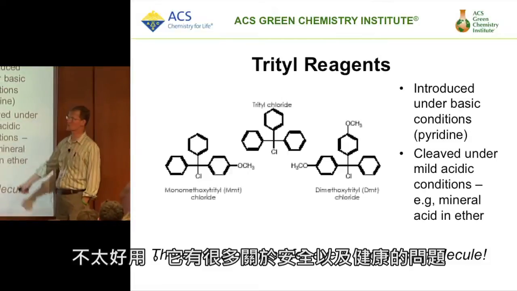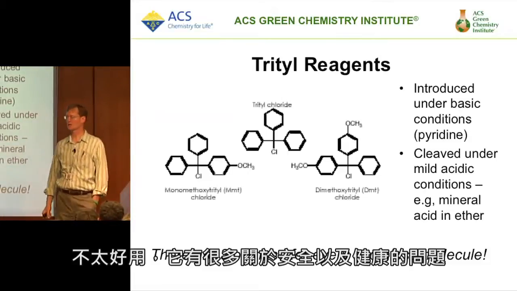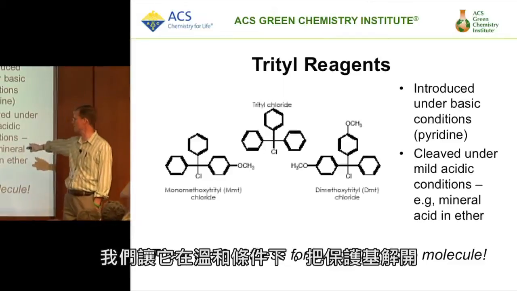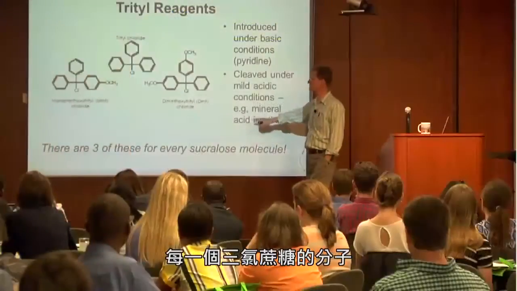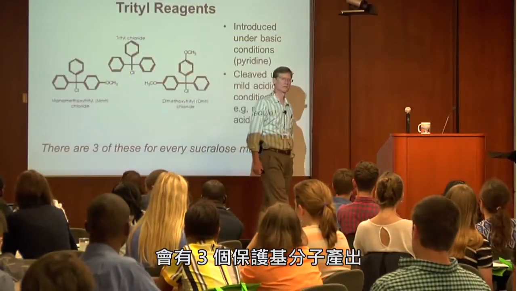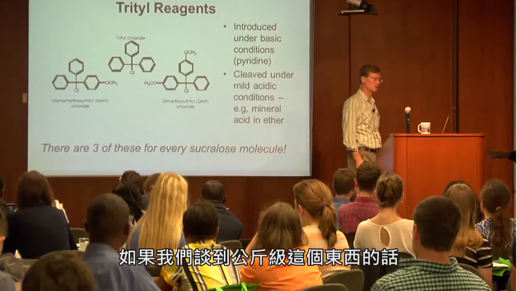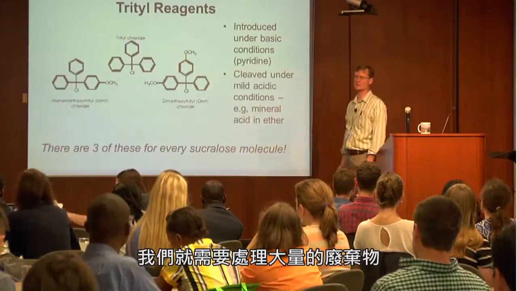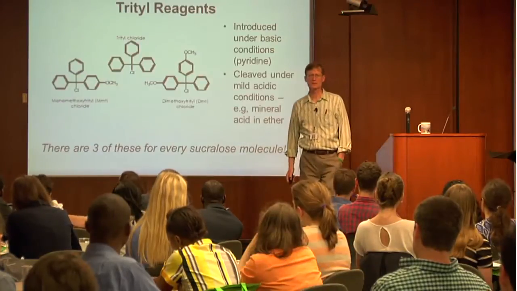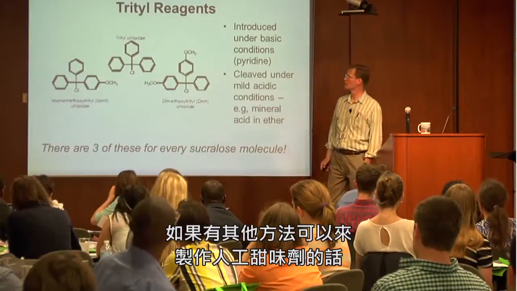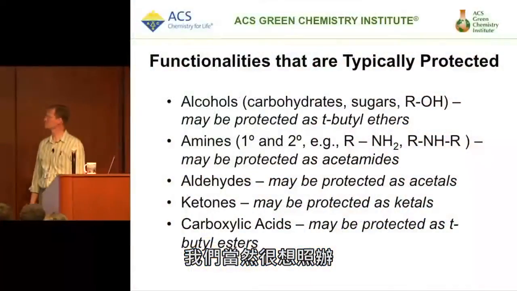It's not nice to work with. It's got a lot of safety and health issues associated with it. We cleave it under rather mild conditions. And there's 3 of these types of molecules for every molecule of sucralose. So when we're talking about kilos of this stuff, again, a massive amount of waste that we're dealing with. So obviously, if there could be some other way to get that artificial sweetener, we would like to do it.